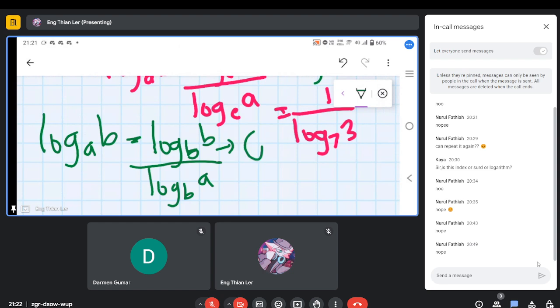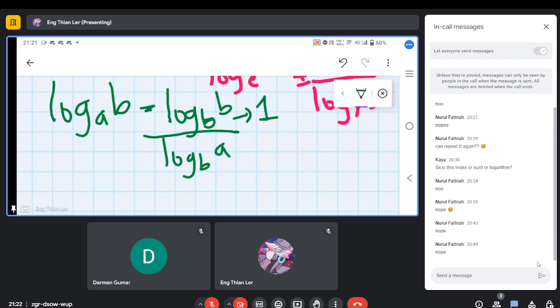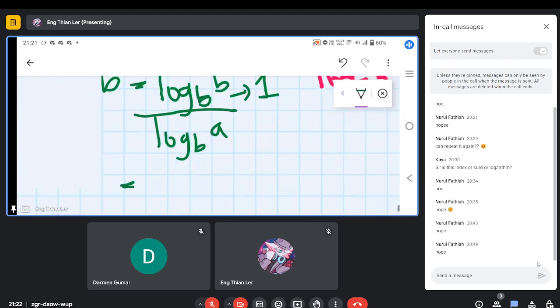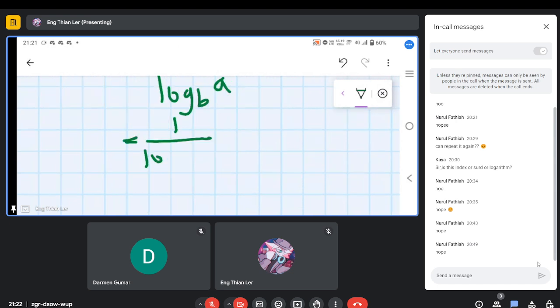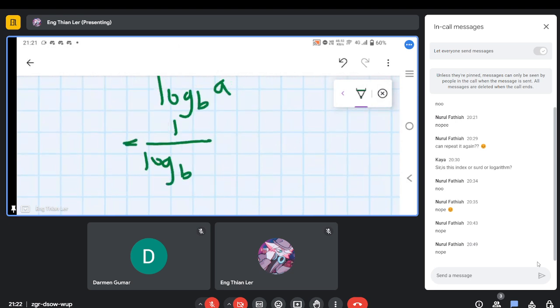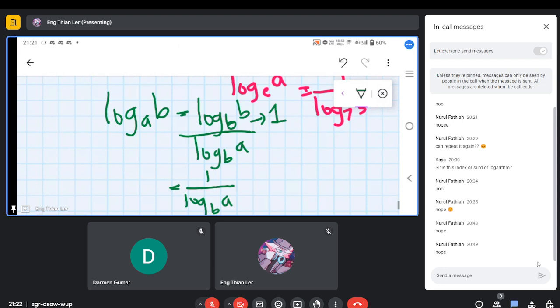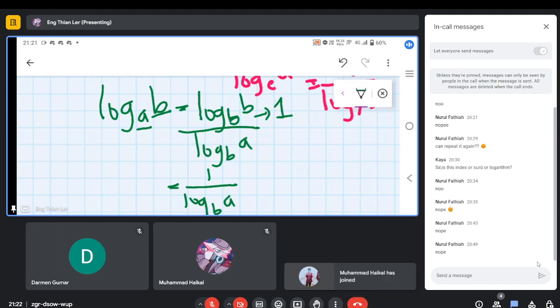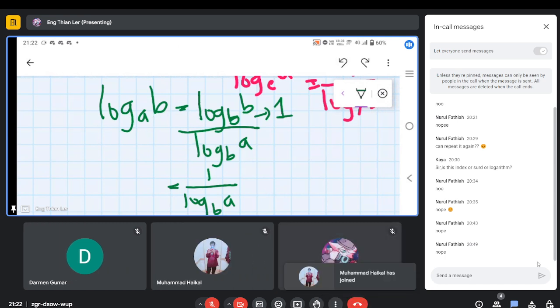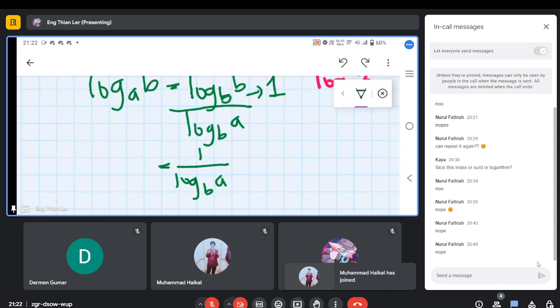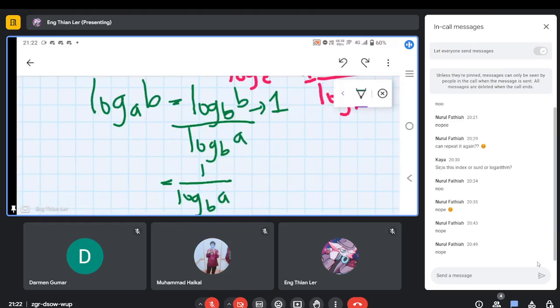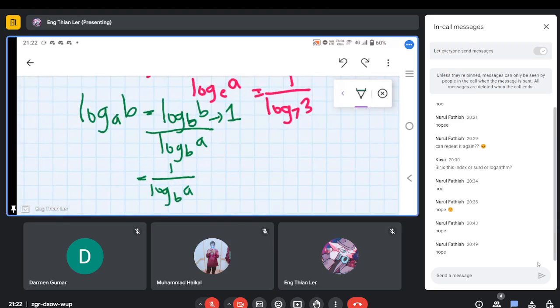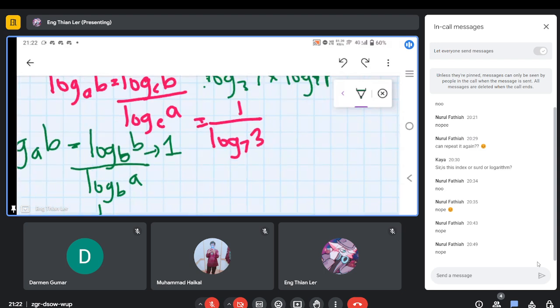This is 1, and this will be our solution. So it's equal to 1 over log A base B. So look at this. Before AB, after BA, we changed the base already. So after that we swap the base and the number. We swap the AB position. So that is how the formula works, and now we can continue.